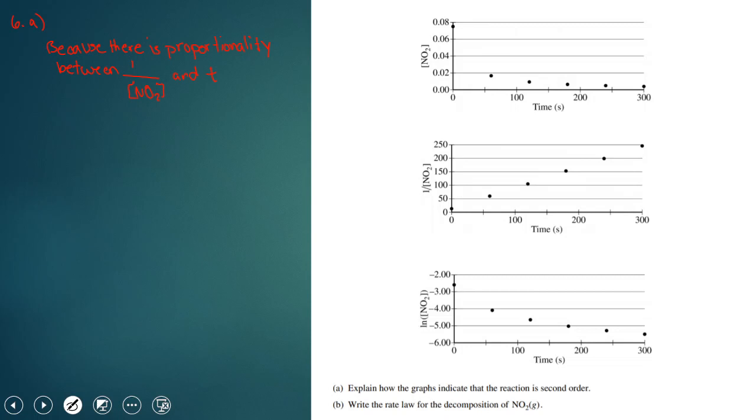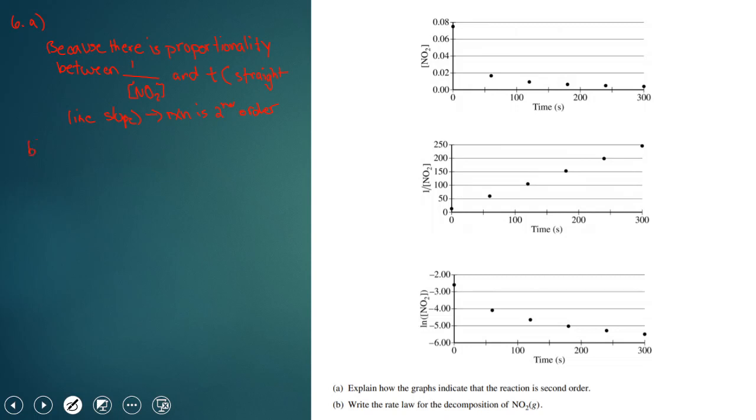This is just a fancy way of saying because the graph shows a straight line, the reaction is second order. One thing that might help is for you to write out your rate law expressions for first order, second order, and zeroth order, and then compare and see which ones have like terms. Your first order will have lns in it, your second order will have reciprocals in it.